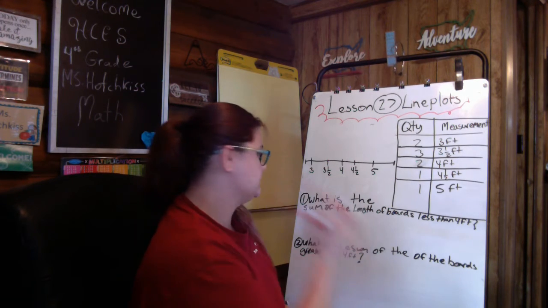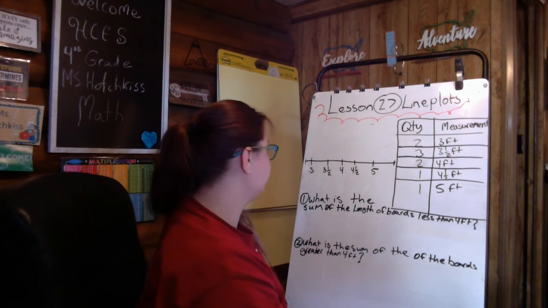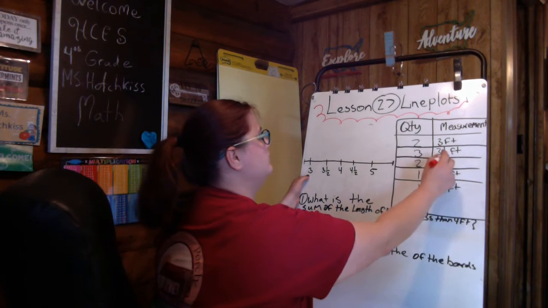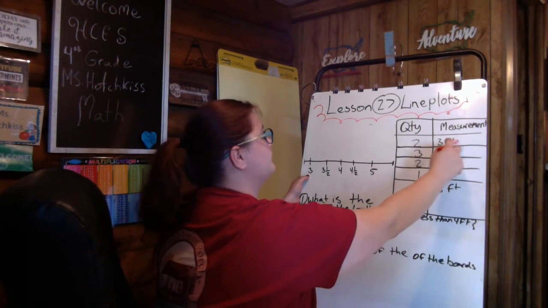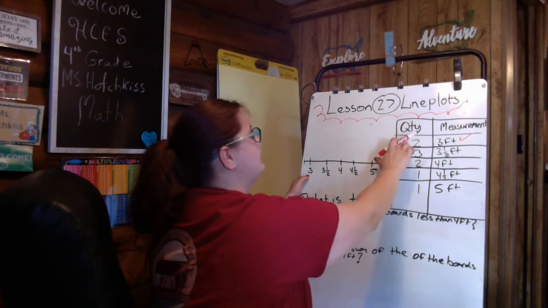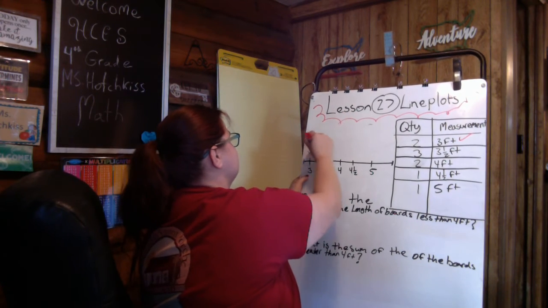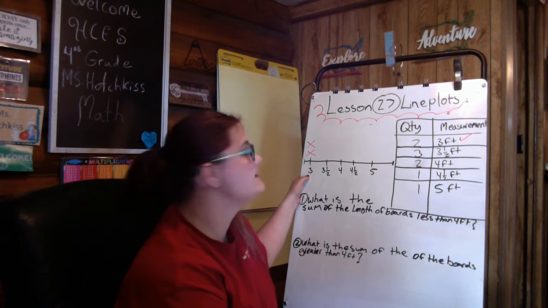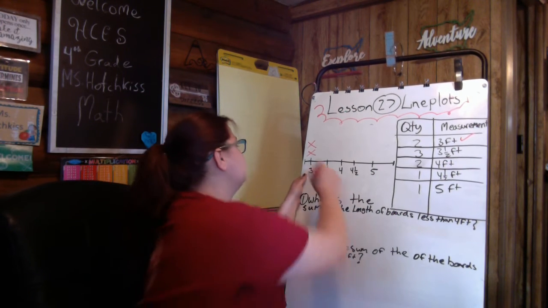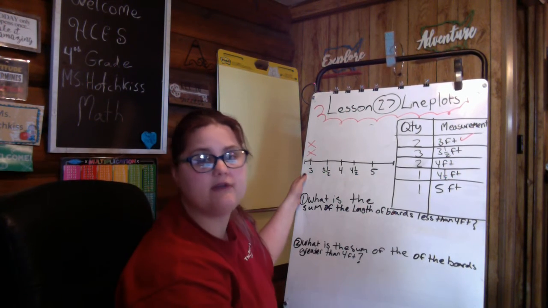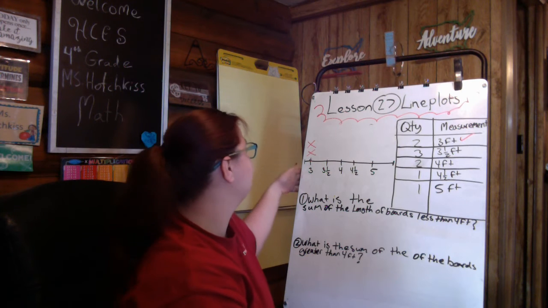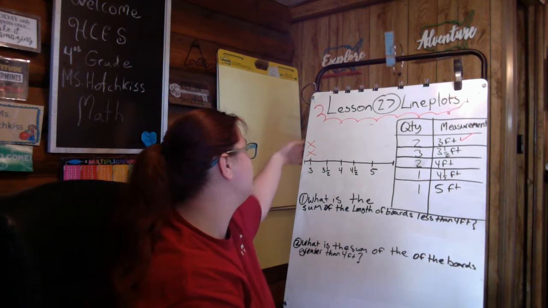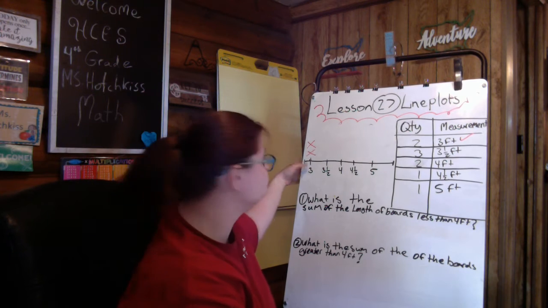We're just going to go through and fill out our line plot. We're looking at the smallest unit of measurement, which was 3 feet. We need to make 2 tallies over this. This is one of the other big differences from line plots to number lines. On number lines, we would normally put our tally right on the number line. In line plots, we put them above the number because we have more than one that needs to go in that spot.